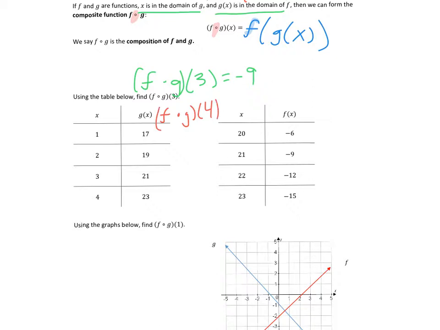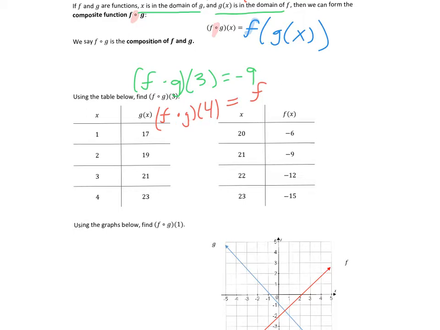How I like to do it, first things first, I like to write out the definition. So where do we plug in what to what? So when we write it according to definition, just like we see it left to right, is how we write it. So we go f of g of 4.